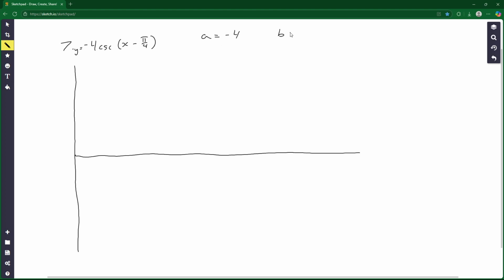B is equal to 1. And C is equal to negative pi over 4. And we don't have a D. D is just equal to 0. So our period is going to be 2 pi. I'm just going to go ahead and do all this, up to 3 pi over 2.